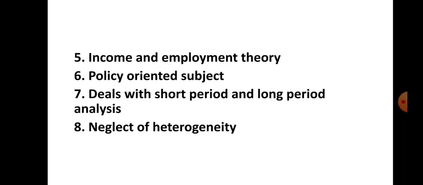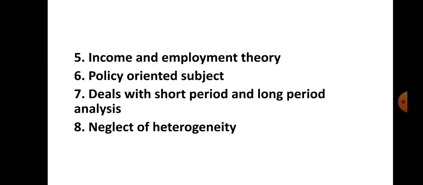Number 6 is macroeconomics is a policy oriented subject. Why is it a policy oriented subject? Because macroeconomics is useful to government in making various government policies. For example, export import policy, agricultural policy, monetary policy, fiscal policy, etc. Why does government implement various policies?